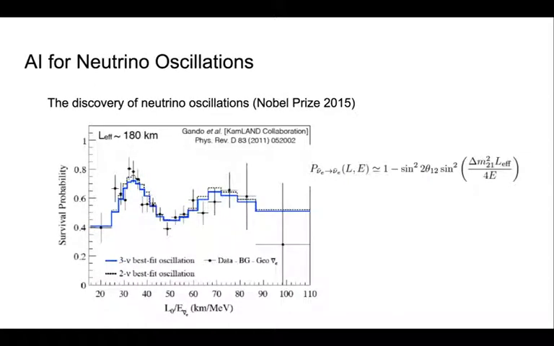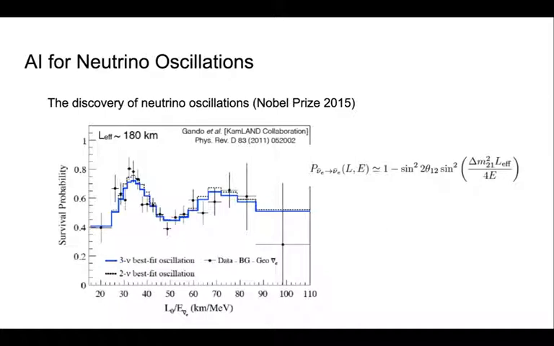The next example is neutrino oscillations. Neutrinos come in 3 different flavors, and to our surprise, these 3 different flavors can oscillate into one another, meaning a particular kind of neutrino can change its flavor to another kind of neutrino.